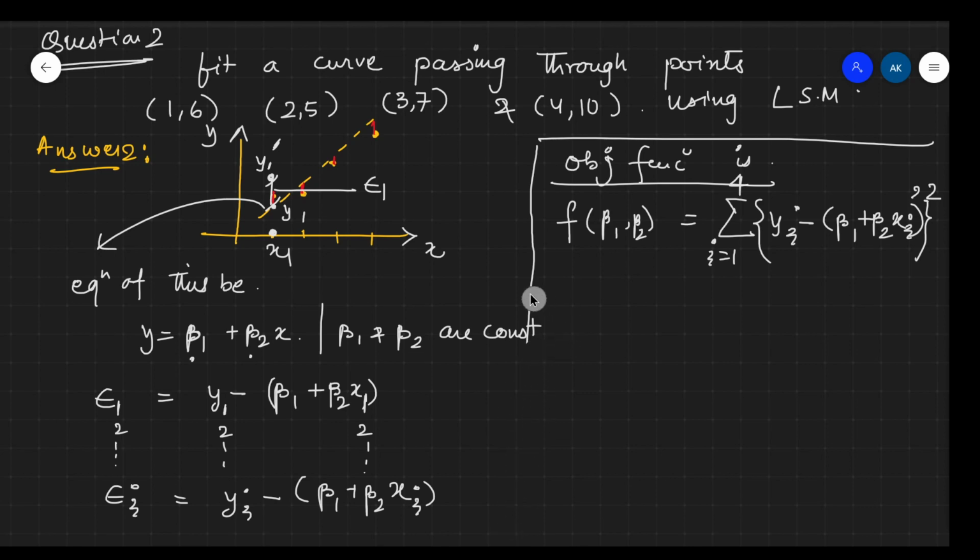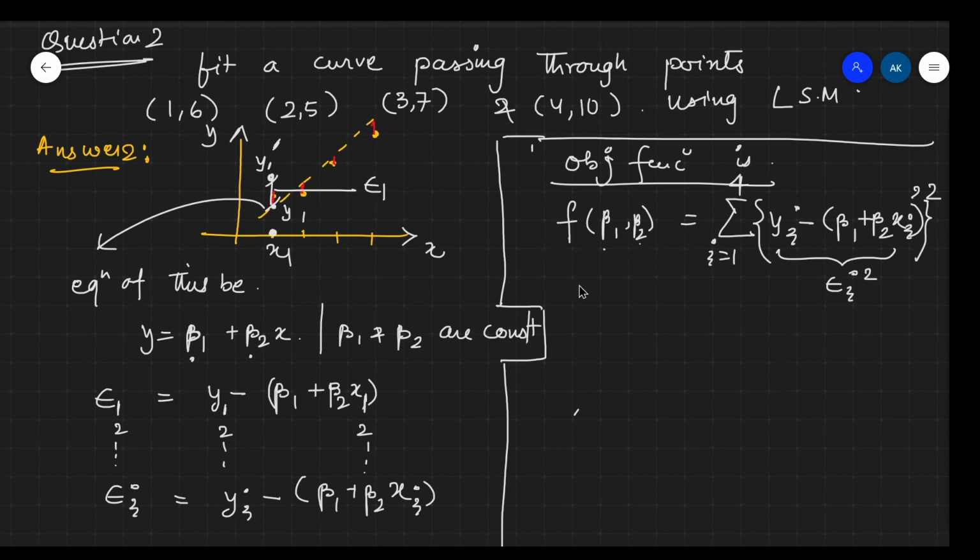We are constructing a function that has two separate variables, beta 1 and beta 2, and we have to find such values of beta 1 and beta 2 that this function, the square of the error epsilon i, becomes minimum.